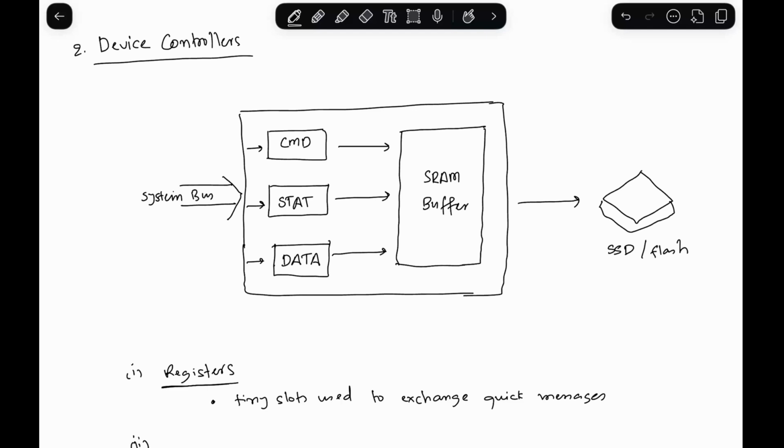While the CPU is busy doing other things, the controller silently fills this staging area in the background with data, piece by piece from the slow drive, and once it has a full batch ready, it hands it to the CPU all at once. So the CPU doesn't need to wait now. That thing is abstracted by this SRAM buffer.